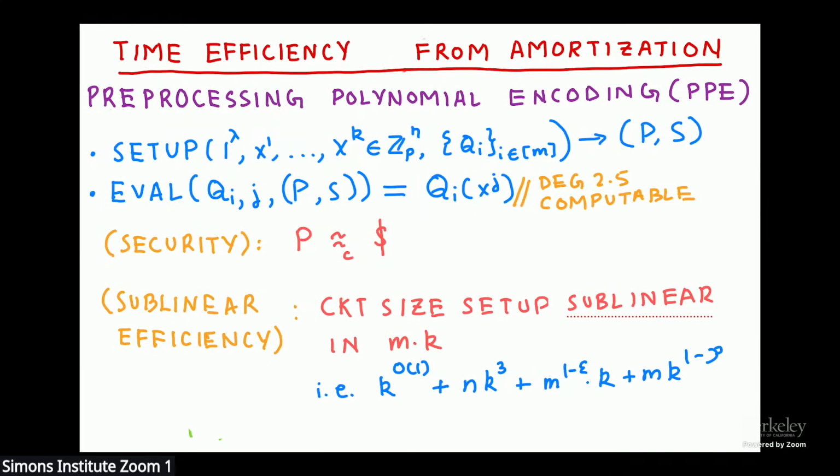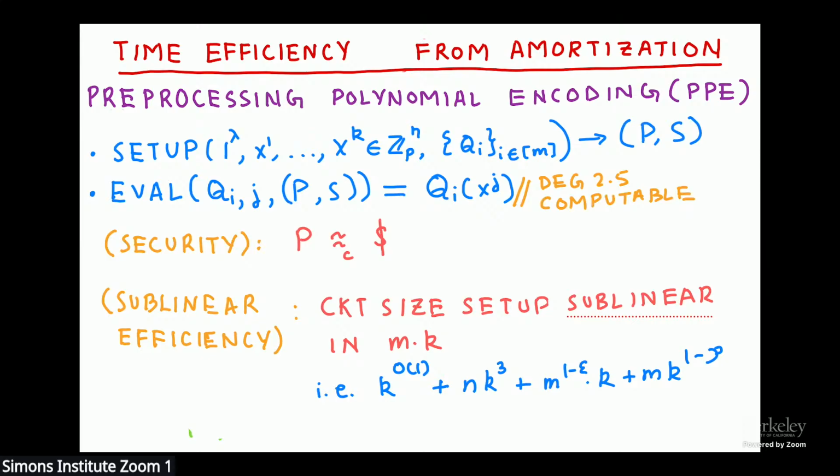Now my sublinearity game has changed. It's no longer being sublinear in m. It's going to be sublinear in m times k. So what kind of expression are we okay with? Things like k to the O(1) are okay, because we can parameter hack and make things sublinear. Even if it's k to the 10, it's perfect.